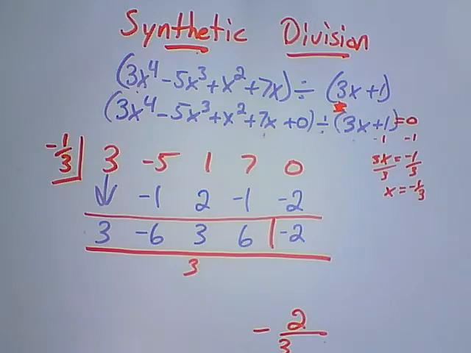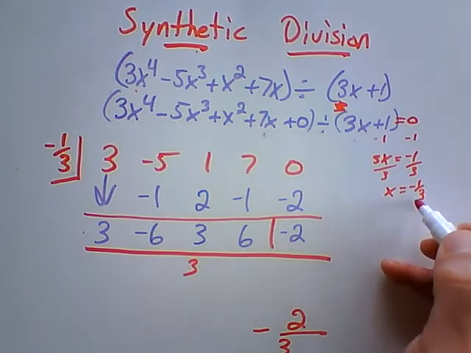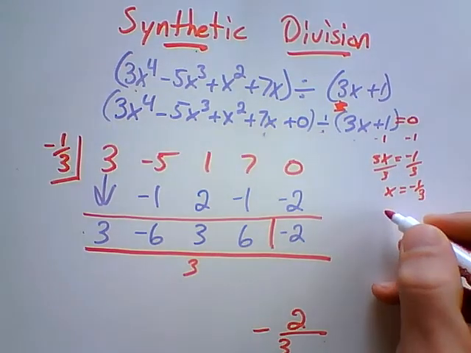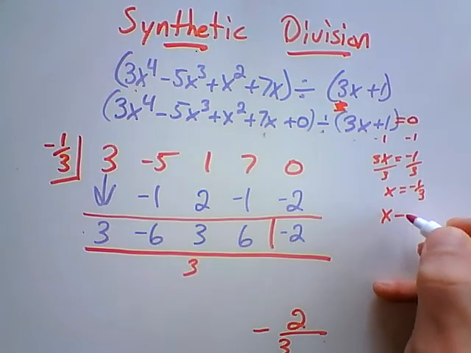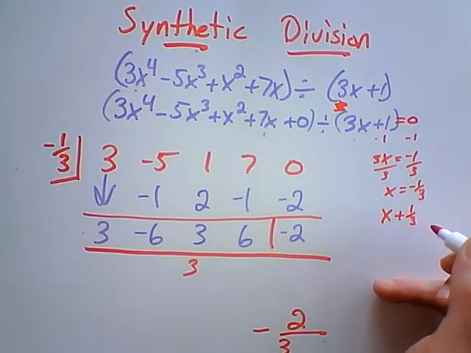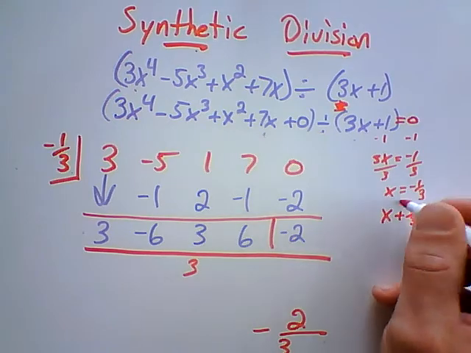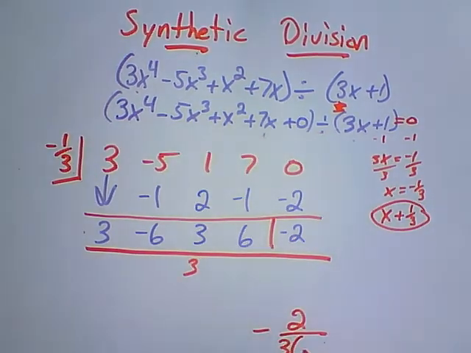Right? Now, I'm still going to use what I had right here. What I was dividing by was really x plus 1/3. That's what goes in here, because that's what I was technically dividing by according to this box. Don't lose that. That's going to save you.